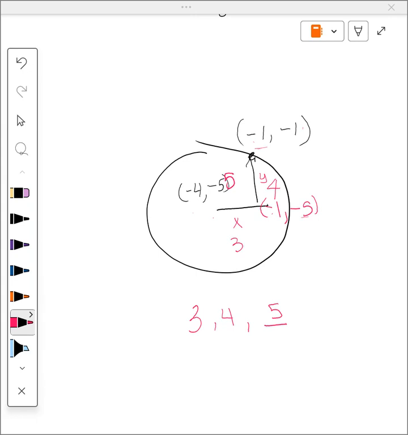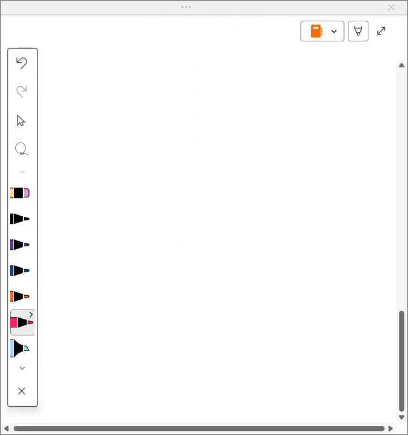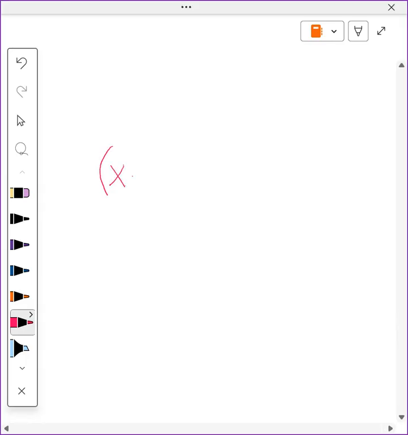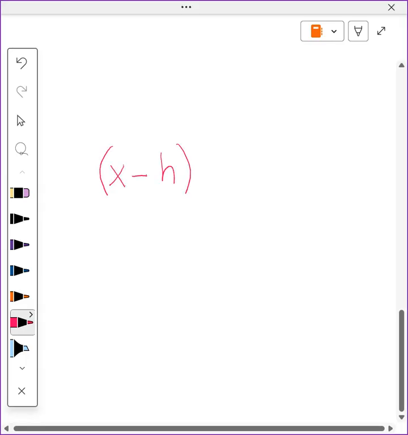Find the circle center and the radius of the equation from a conic form. Okay, here is the equation of the circle. Remember that if we know the equation of the circle, here's the parent form: x minus h, the quantity squared, plus y minus k, the quantity squared, equals the radius squared.